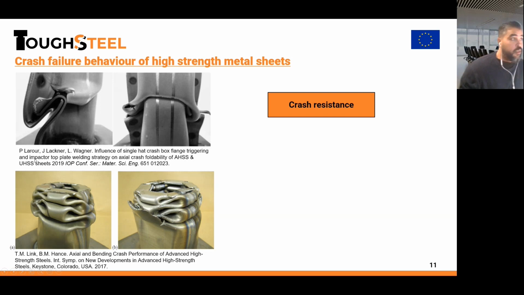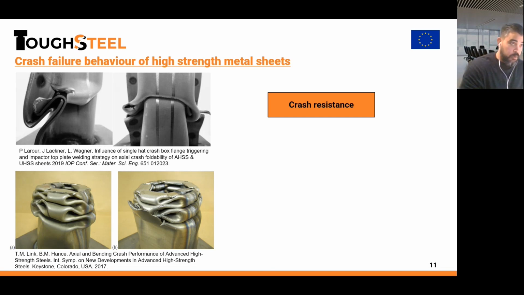For example, it is well known that during a crash test, these high-strength metal sheets tend to show different degrees of cracking because of their limited ductility, especially as we move to materials with higher strength levels. When these materials are subjected to large deformations, they tend to crack, because as you know, the higher the strength, usually the lower the ductility and the more sensitive these kinds of metal sheets are to cracking.